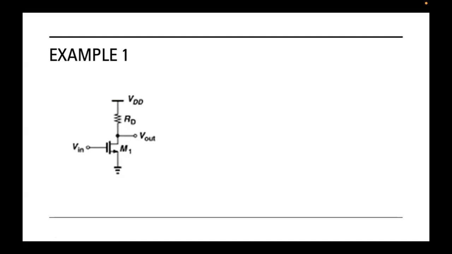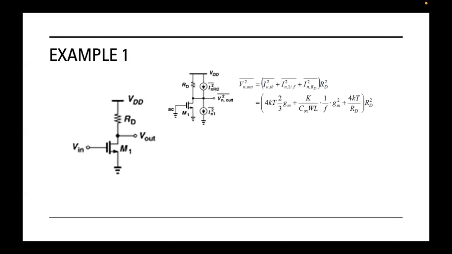The easiest way to make a noise analysis is to ground your input. When you ground your input, you make it much easier to study your circuit, because whenever the input is 0, the output should be 0.